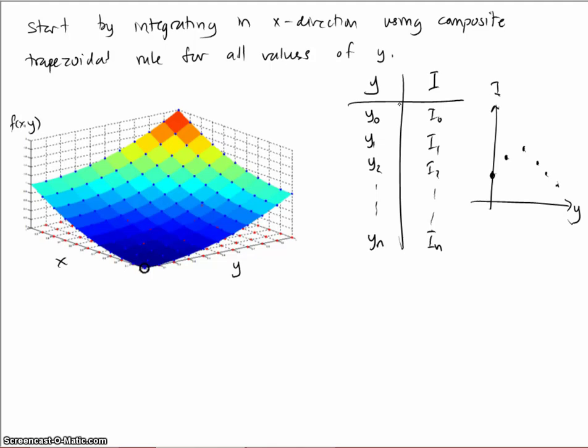When you do the integral in the y direction, the value of your integral, which is the volume, will be given by, again, using the composite trapezoidal rule. Because it's in the y direction, you will get delta y instead of delta x. So you have delta y over 2 times I0 plus 2 times the summation from 1 to n minus 1 of I at any value i, plus In.